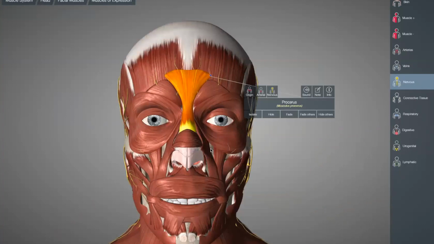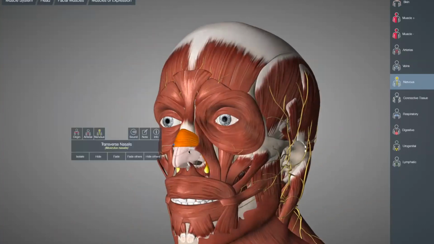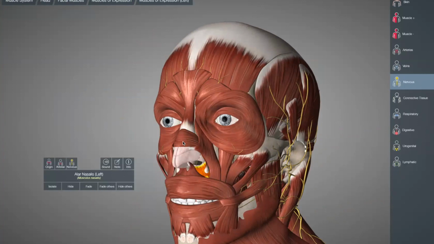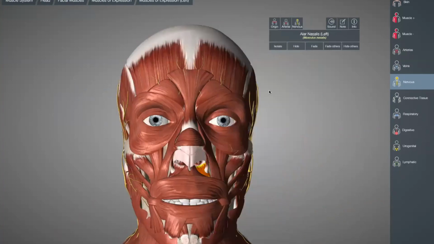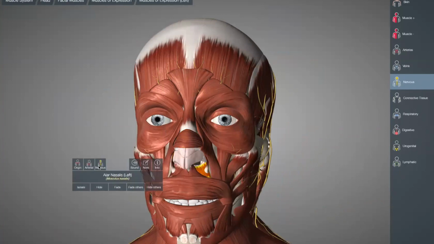The nasalis is made up of two parts: transverse nasalis and alar nasalis.